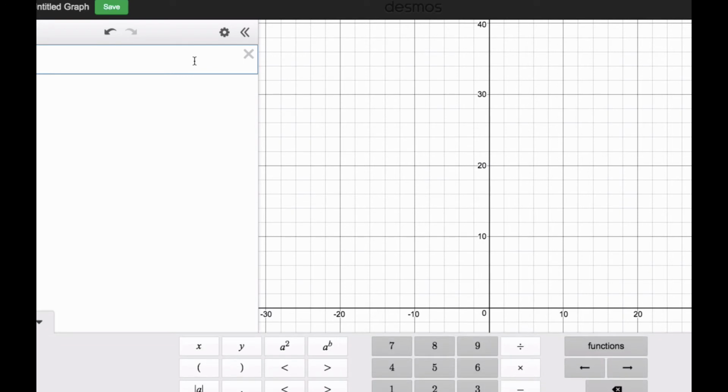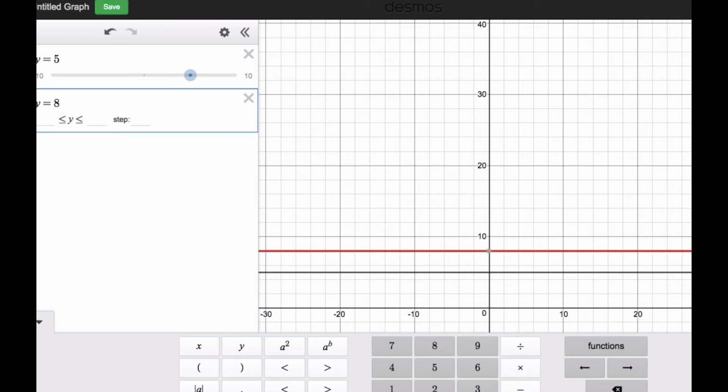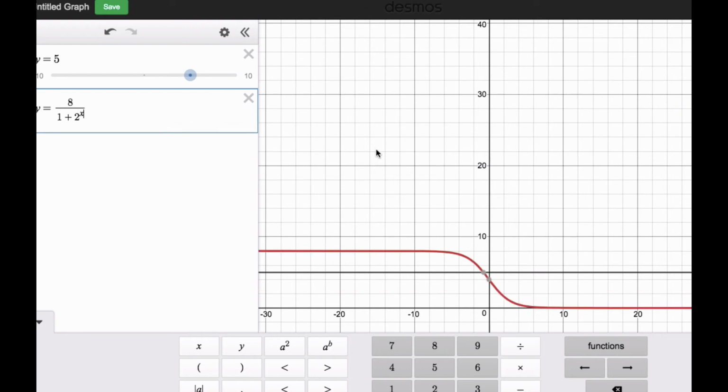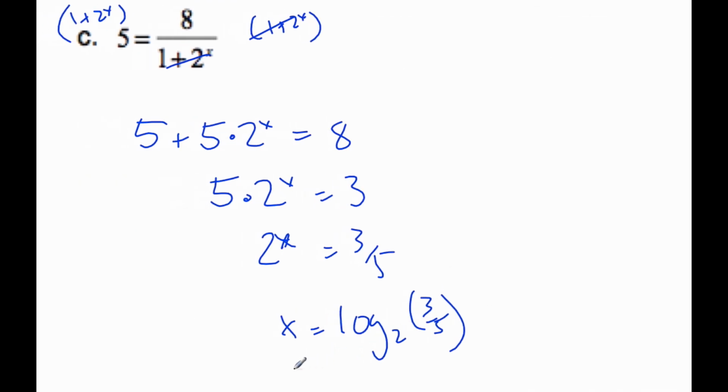I know this is y is equal to 5 and y equals 8 divided by 1 plus 2 to the power x. And we can see that I get negative 0.737. So x is equal to negative 0.737. And there is my answer for this equation.